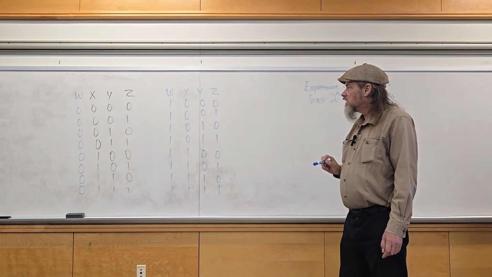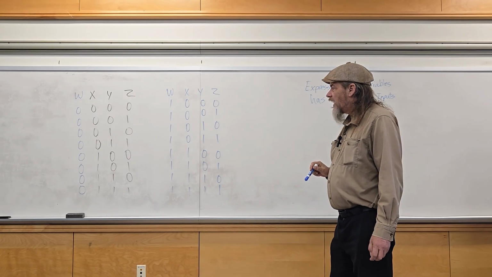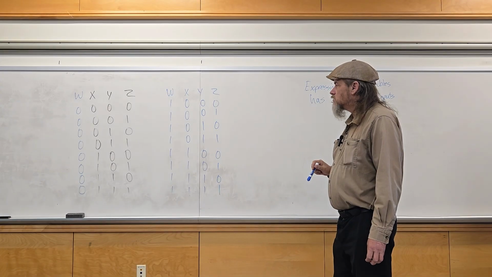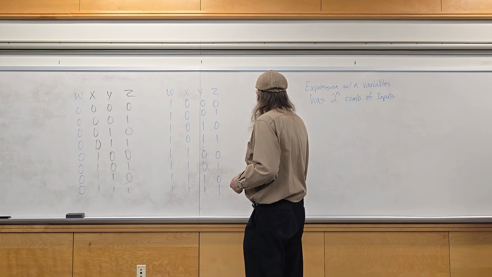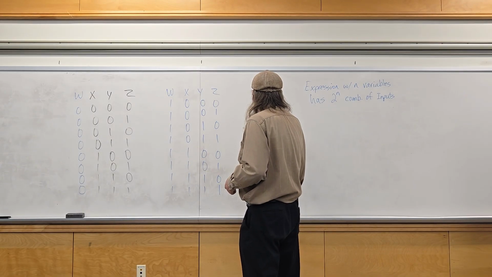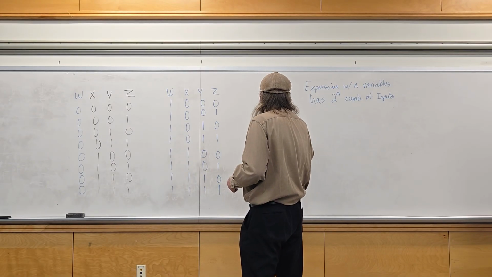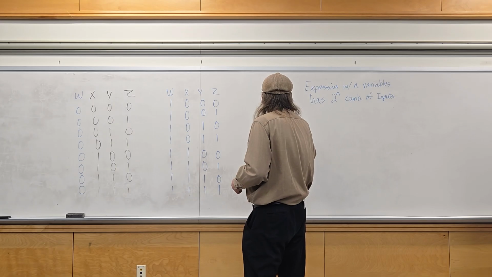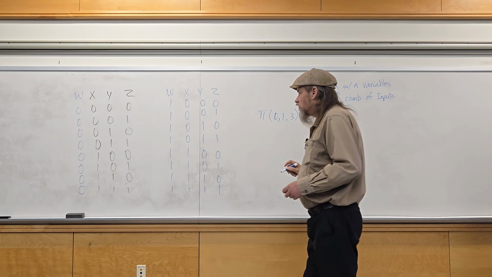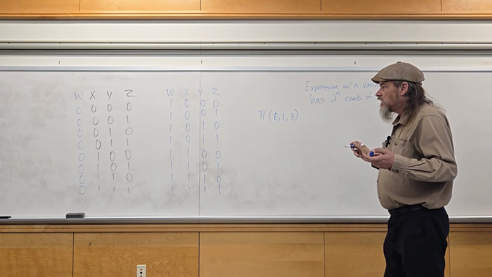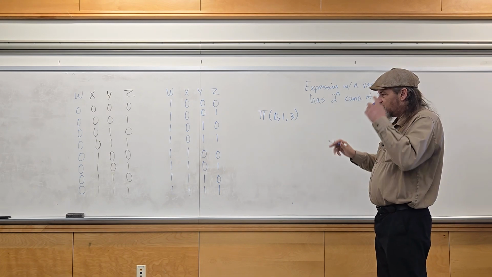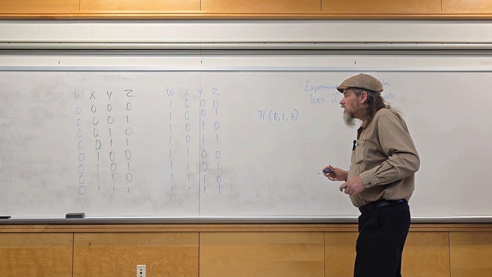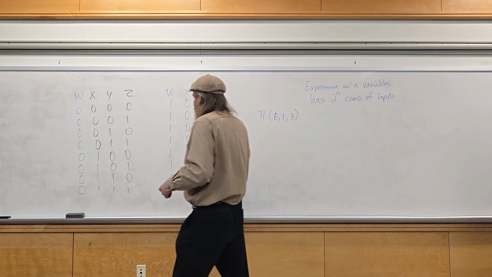So if you had the product of sum, the product of 1, 0, 1, 3. If you decided to use 4 variables for this instead of just 2, these would stay the same.